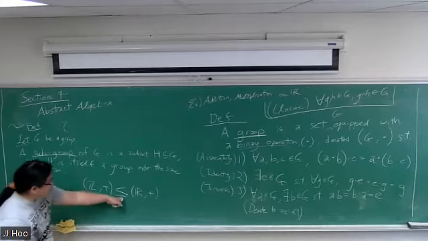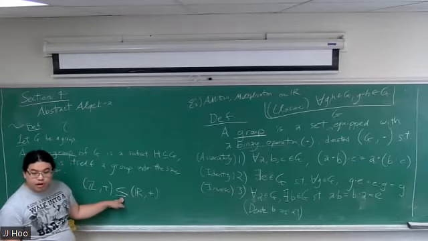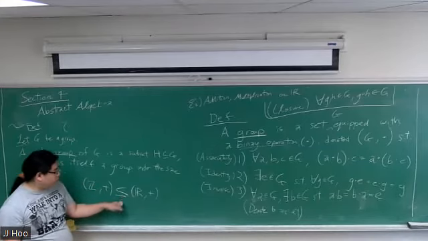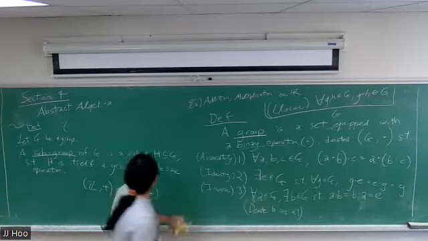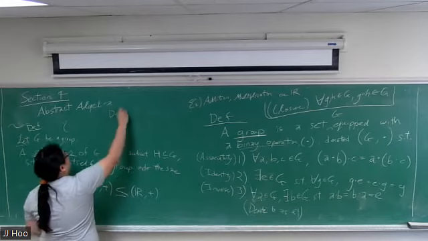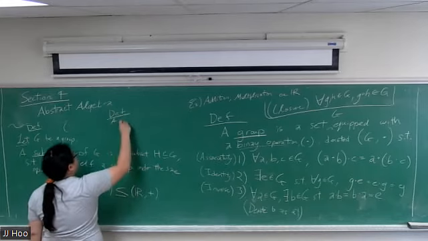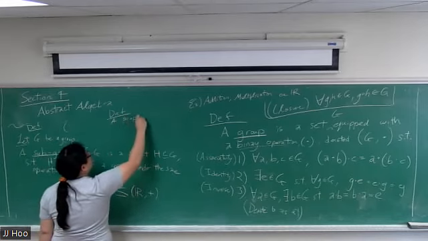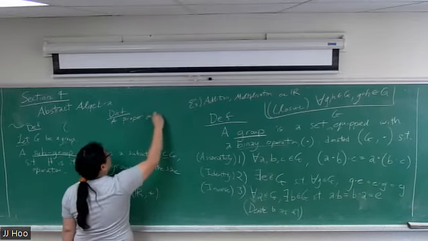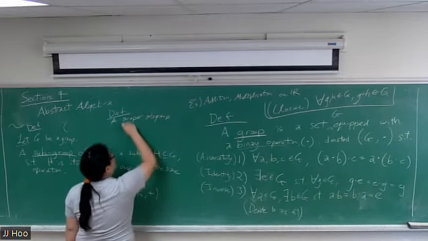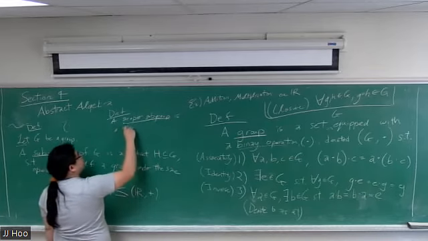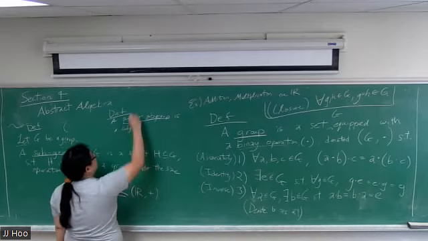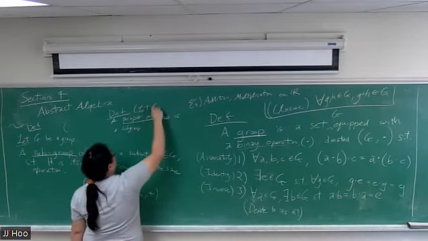So you notice I use less than or equal to in the same way that we do in the real numbers. So we can write in the definition here: a proper subgroup. Again, let G be a group.